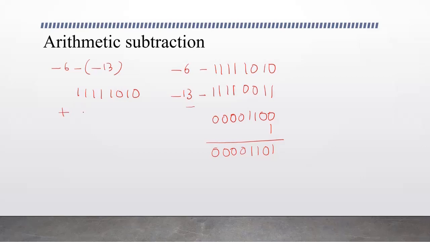So to add this, we get 1 1 1 1 0 1 0 1 0 1 0 1 0. The carry out of the sign bit here is 1, which is discarded, and the result is a positive number. The sign bit is 0 here. It is 0 0 0 0 0 1 1 1, which is plus 7. This is how arithmetic addition and subtraction are performed using 2's complement.